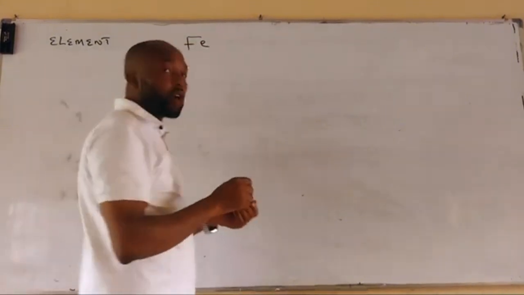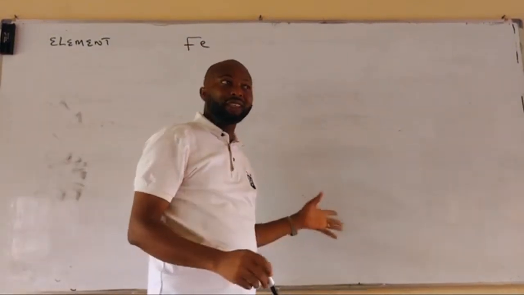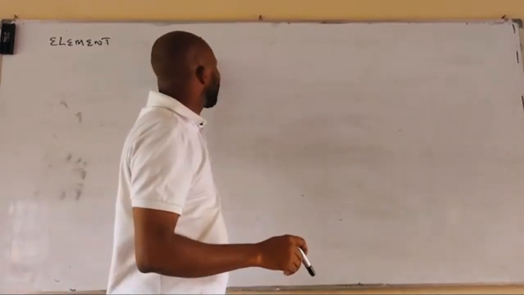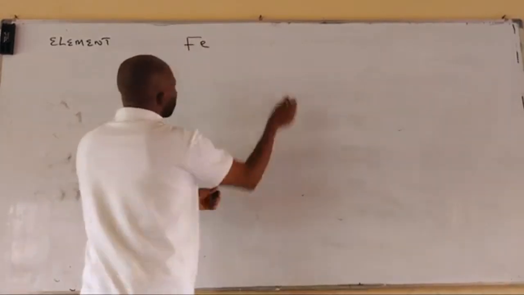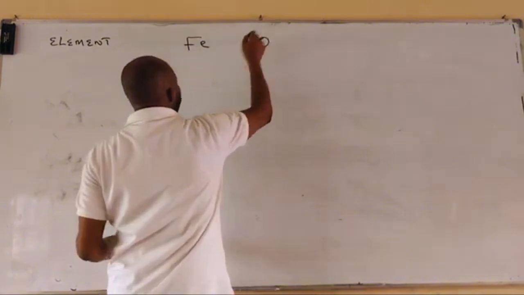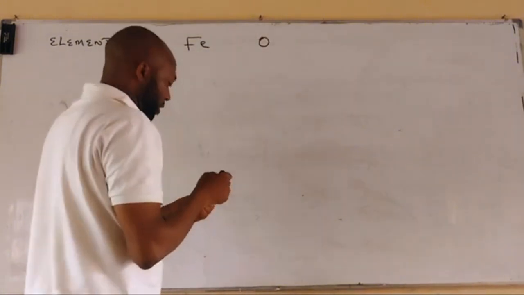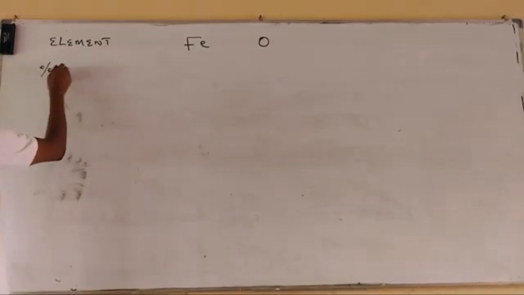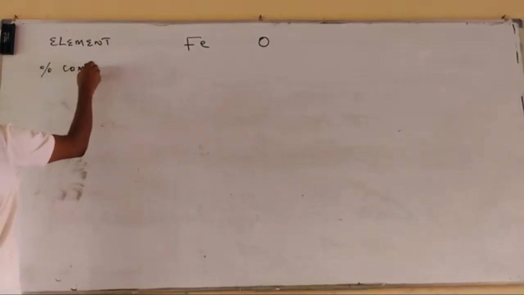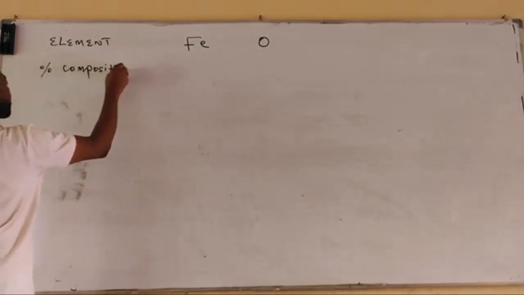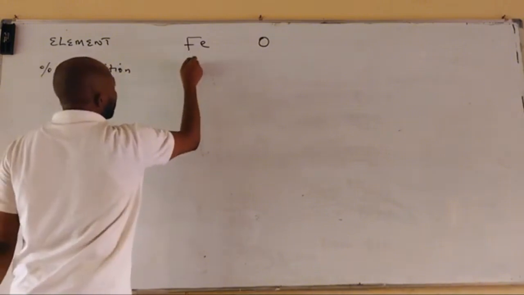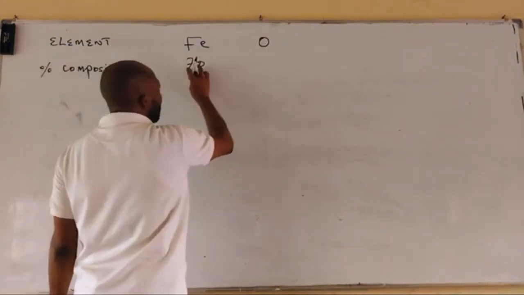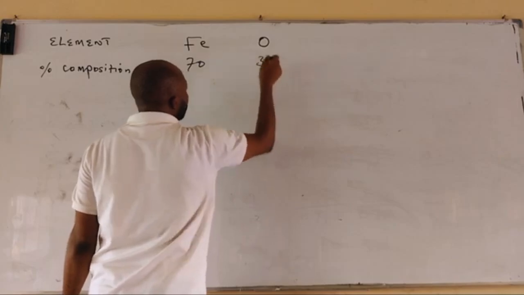If it is an oxide of iron, it means that there is oxygen therein. We cannot have iron oxide without oxygen. So the percentage composition: they give us 70%, so the other one will be 100 minus 70, which is 30.